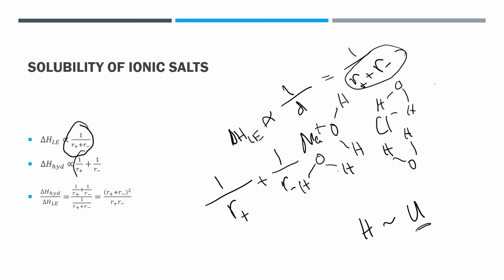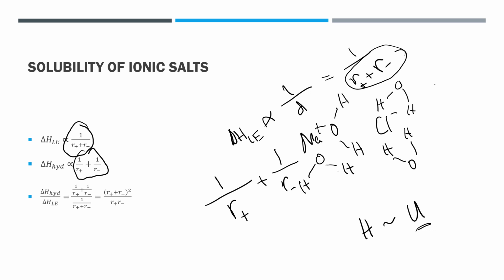And then we have 1 over each of the different radii summed together. That's because the ions are not interacting with each other now, but they're both interacting with different things. They're interacting with the water, right? So that's why we have 1 over R plus plus 1 over R minus. The 1 over R plus tells us the sodium or cation interaction. The 1 over R minus tells us the anion interaction with the water.